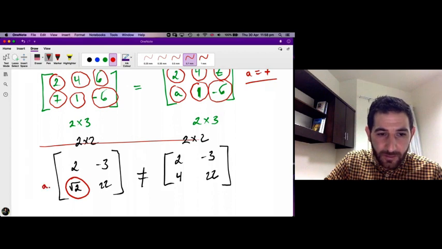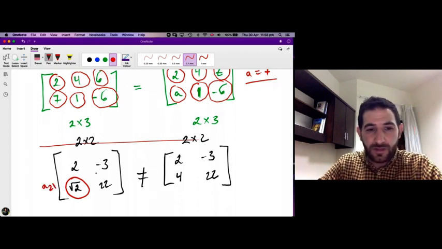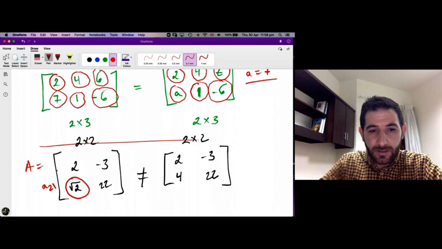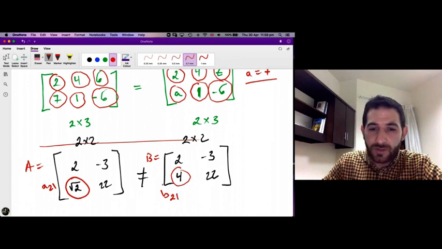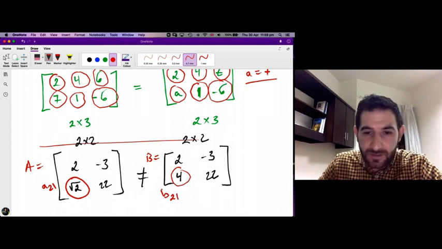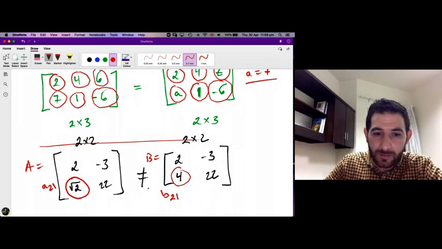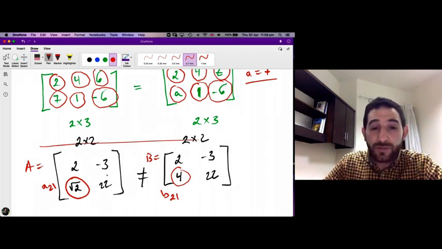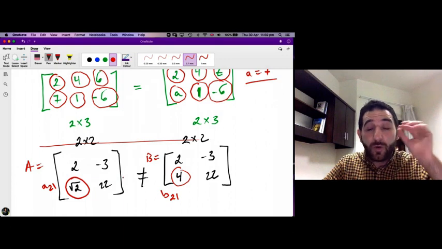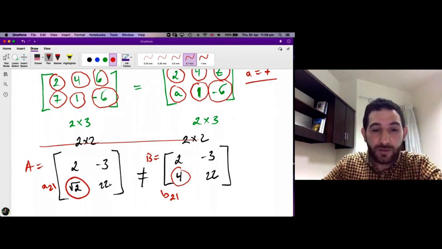This is A21, right? If we call this matrix A and this matrix B, and this entry is B21 as well. In the second row and first column, they are not equal. This entry is not equal to this entry. All the others are equal, but for two matrices to be equal, all corresponding entries have to be equal.